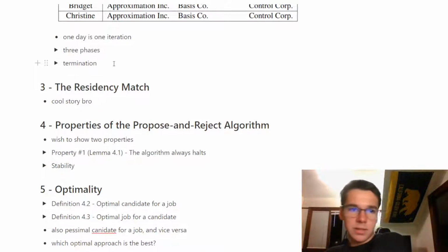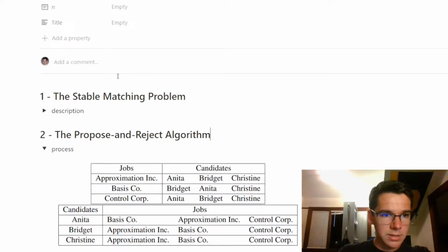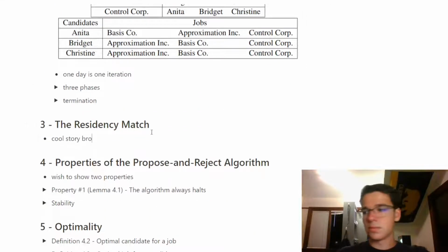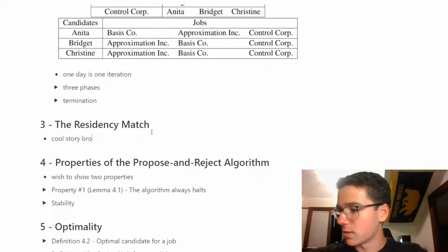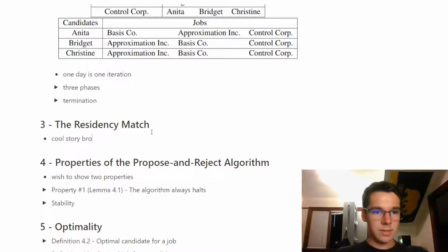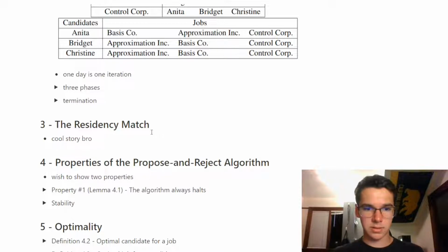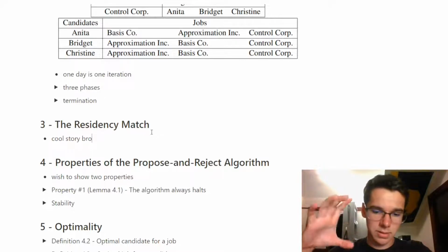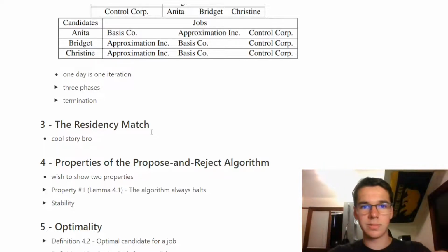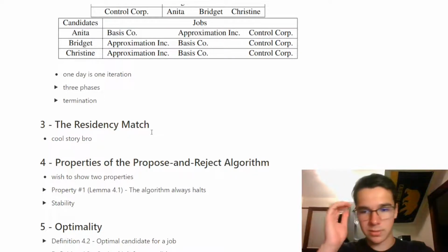The next section is called the residency match. I'm not really going to go into it because it's not extremely necessary to know, but essentially grad students go to medical schools to get what's called residency training. It's kind of like an internship, and I think it would be their junior year of grad school. There were a ton of hospitals that wanted labor that was cheaper than hiring actual doctors.